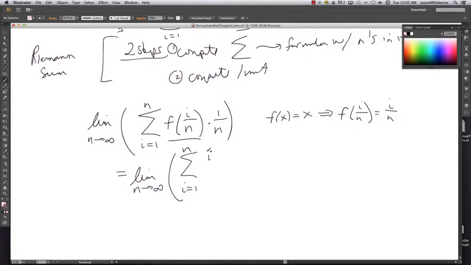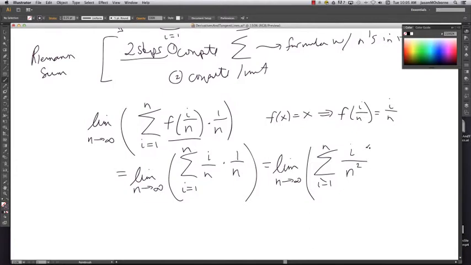So you will get i divided by n times 1 divided by n, that is the width of your rectangle. And we now need to work with this summation just a little bit. It reduces to the summation i equals 1 to n of i divided by n squared.